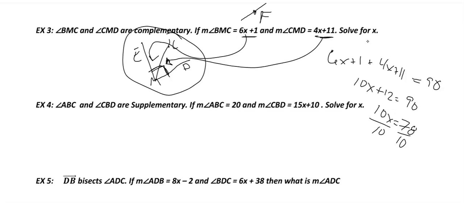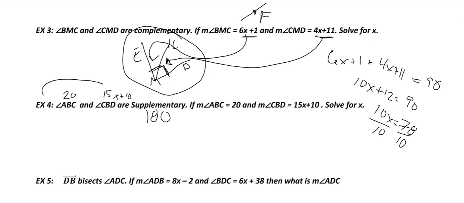All right, let's move on to the next one. It says these two angles are supplementary. Supplementary, that means 180 degrees. ABC is 20 degrees. And CBD is 15x plus 10.